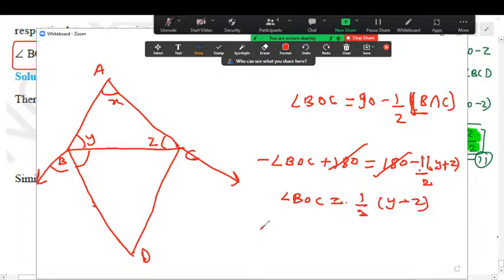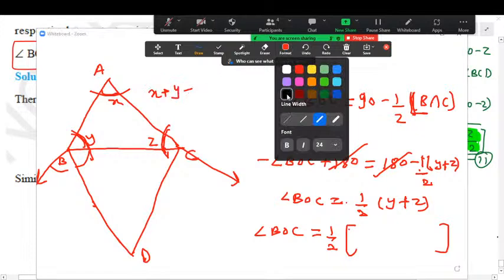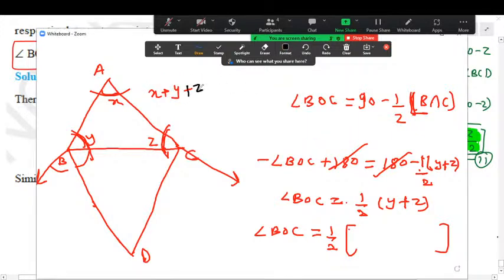Now what will I do here is, I will just put the value of y plus g. I think you can just tell me what is the value of y. All these three are going to be 180. That means x plus y plus this g, all these three are actually going to be 180.